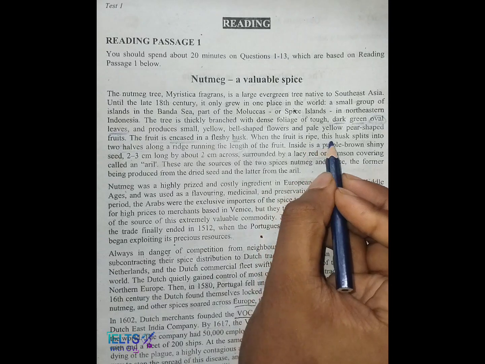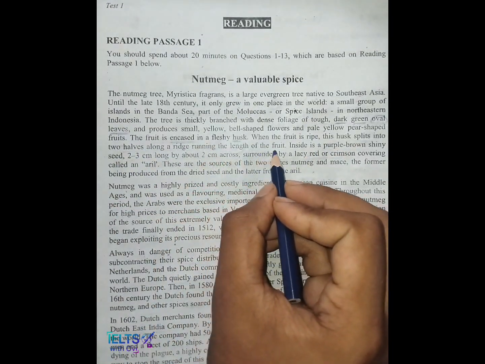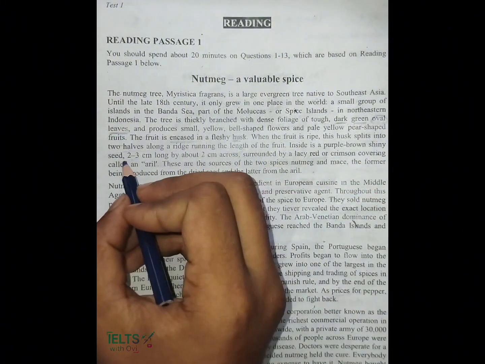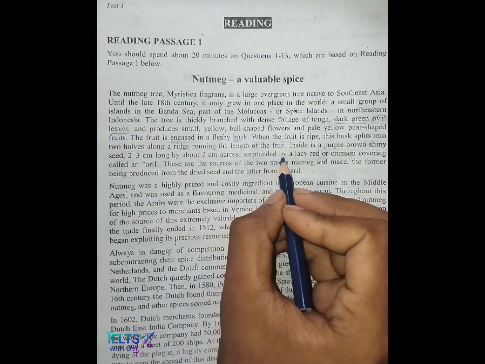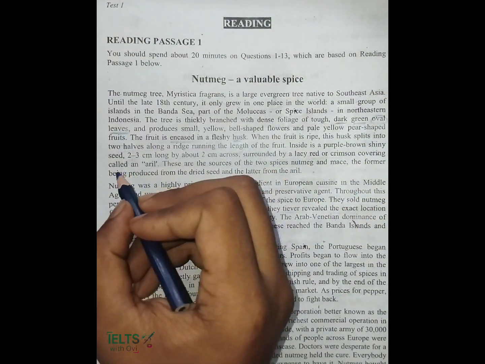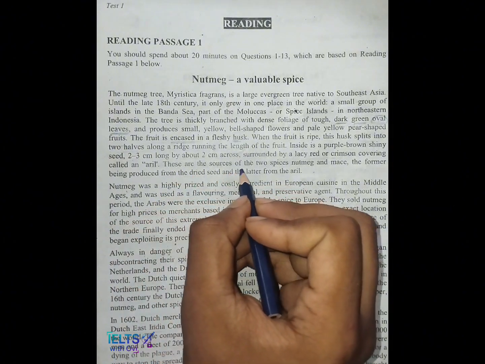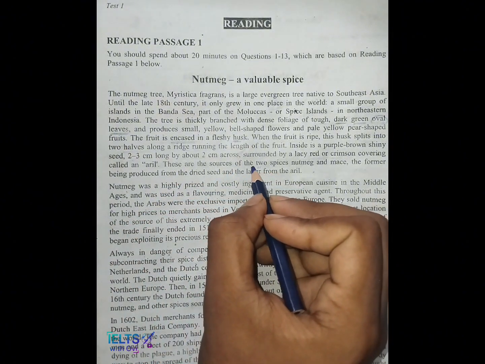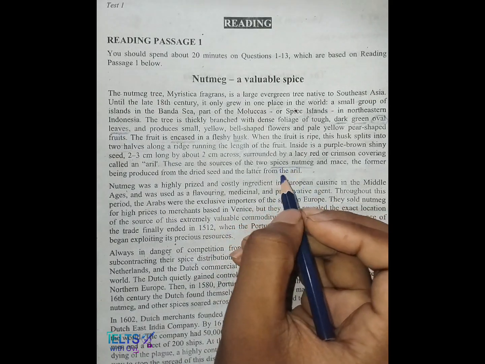When the fruit is ripe, the husk splits into two halves along a range running the length of the fruit, inside a purple brown shiny seed, surrounded by lacy red or cinnamon covering called an aril. Okay, these are sources of two spices.